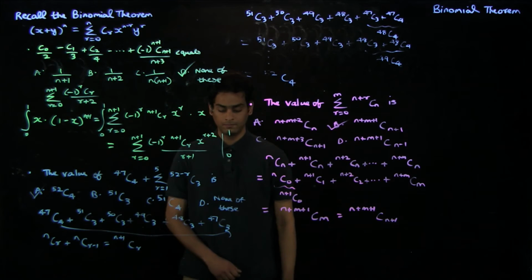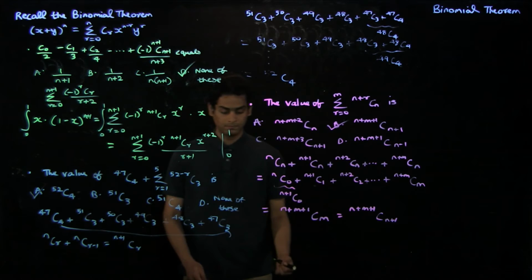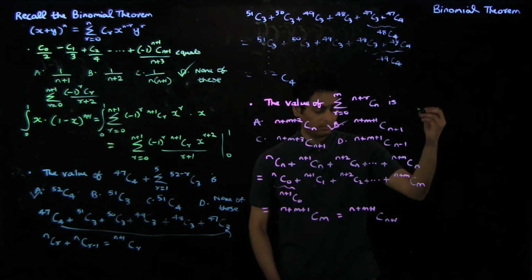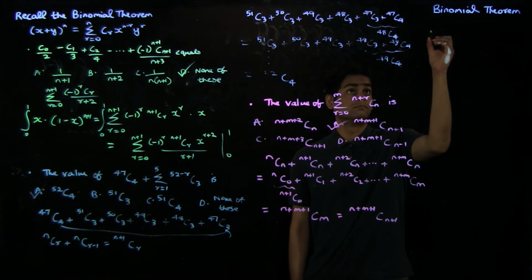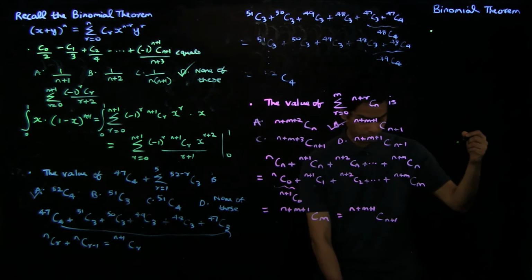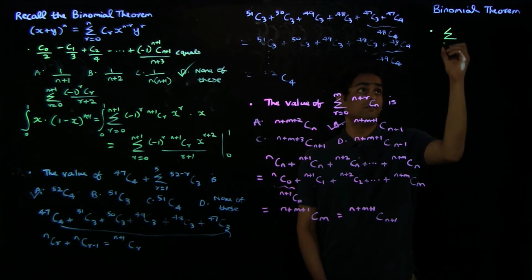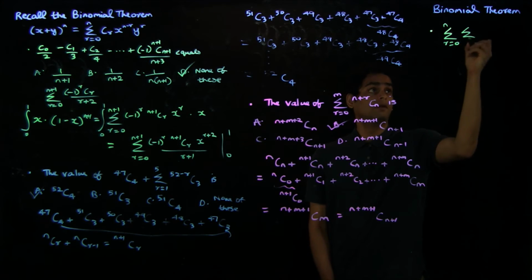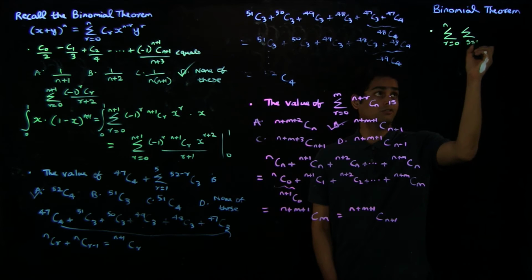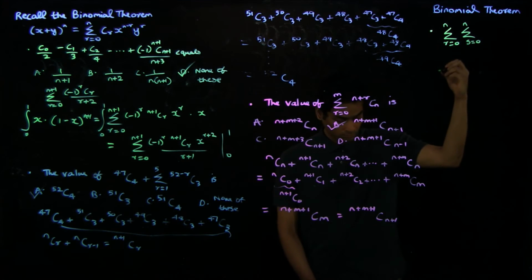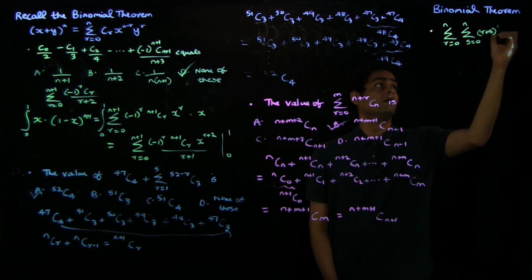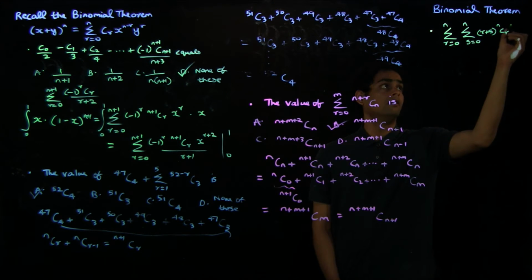Now let's look at a fourth example which you may face in an exam. So this example asks you to evaluate the summation r equal to 0 to n, summation s equal to 0 to n, of (r plus s) nCr nCs.